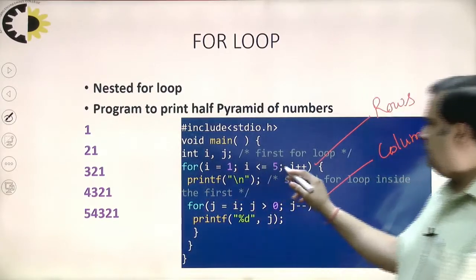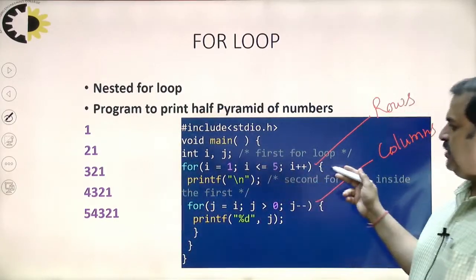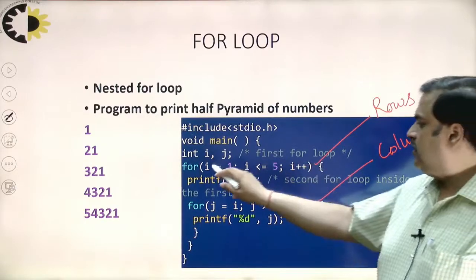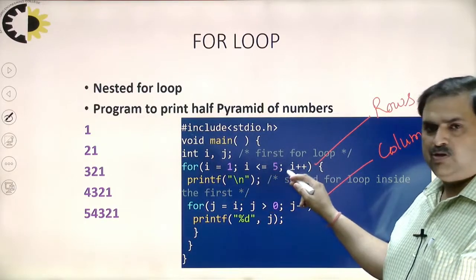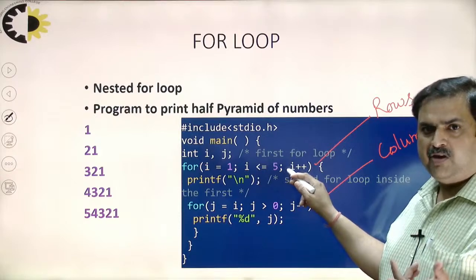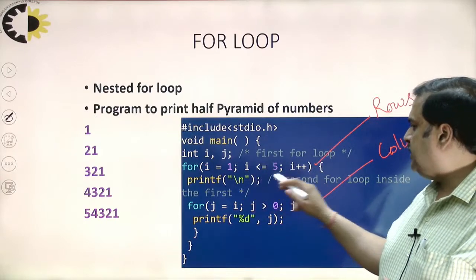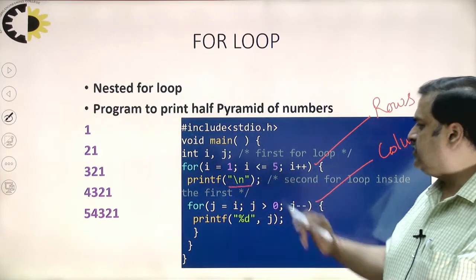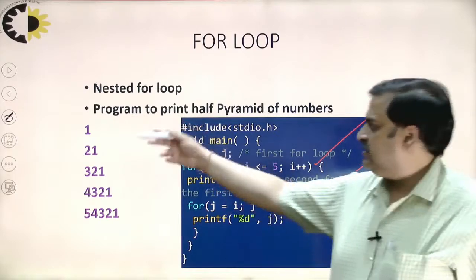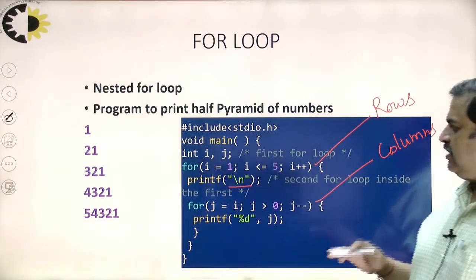So here we require 5 rows. We have taken a for loop starting from 1 to less than or equal to 5. That means it will run 5 times, and here we are only using this new line, which is only for changing the line.